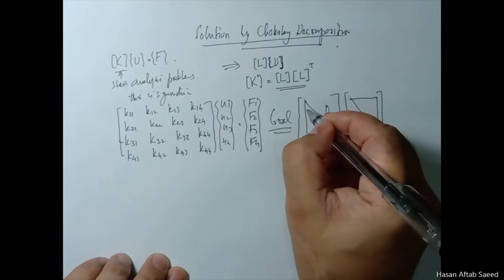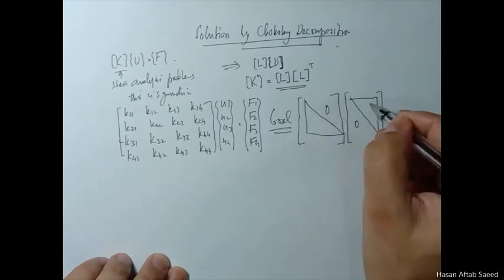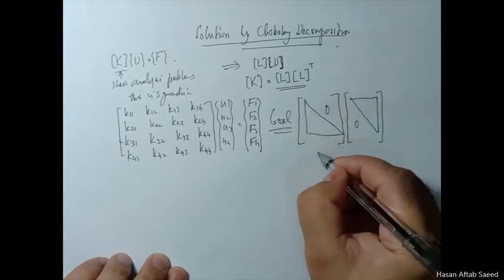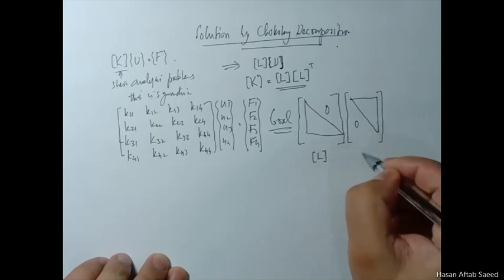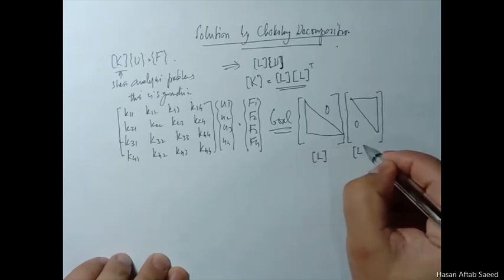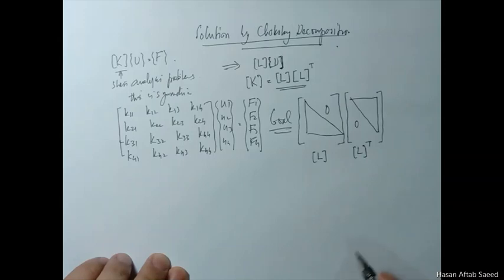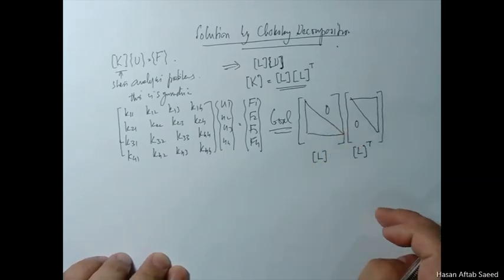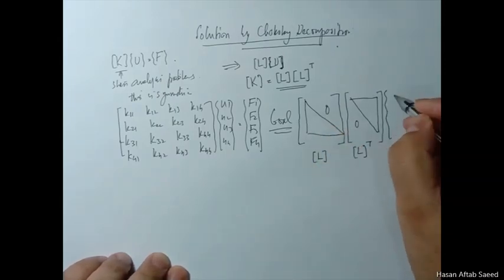All zeros, you'll have values here, but all 0 values here. It's the transpose of this. So this is the lower triangular matrix, and this is an upper triangular matrix which is actually the transpose of this lower triangular matrix, and the rest is the same.